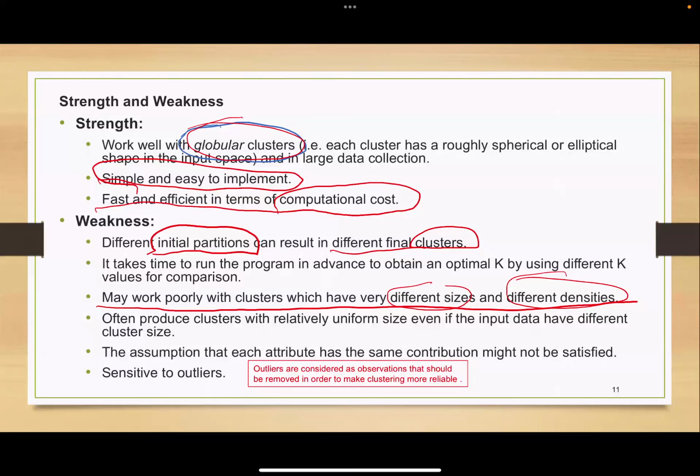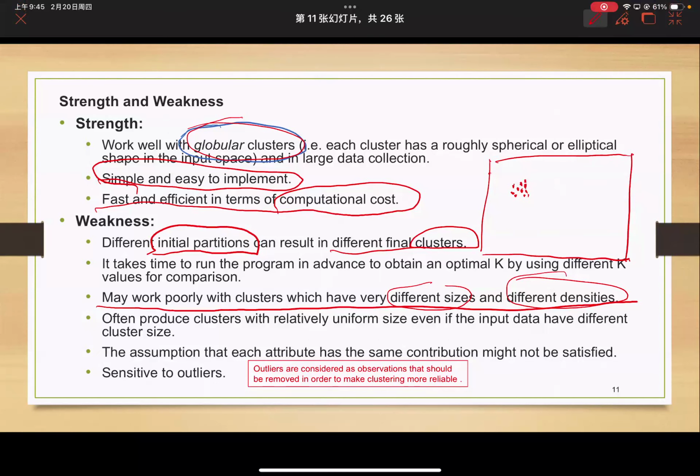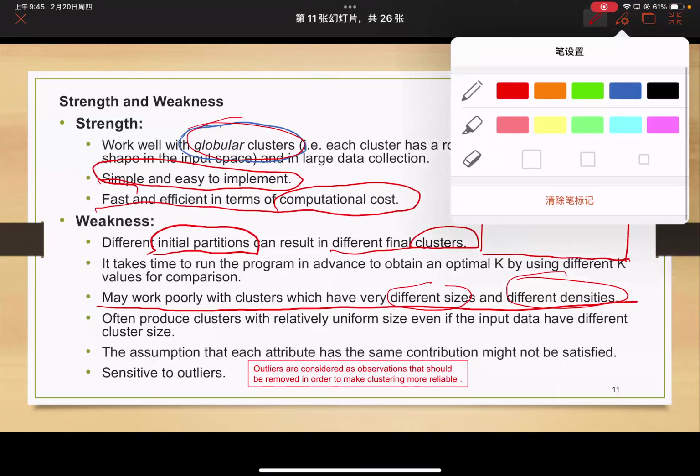Like if we have two groups of data, let's have an example here. We have two groups of data. One group of data is like this. There are a lot of data points, okay? So it has a high density. And another group of data, let's say it is like this.